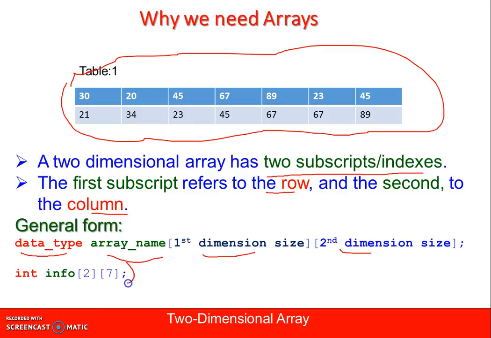For example, in this declaration statement, I am declaring a two-dimensional array of integer type with 2 rows and 7 columns, because here we have 1, 2, 3, 4, 5, 6 and 7 columns, whereas we have 2 rows. That means we need to declare a two-dimensional array that will store this table, which will have 2 rows and 7 columns and has the capacity to store 7 times 2, that is 14 values.